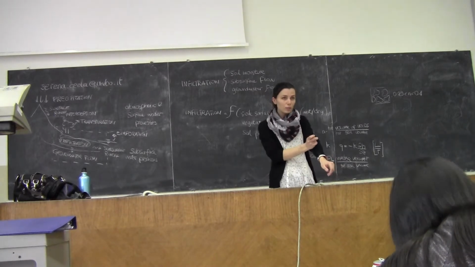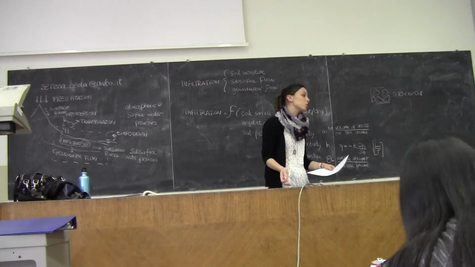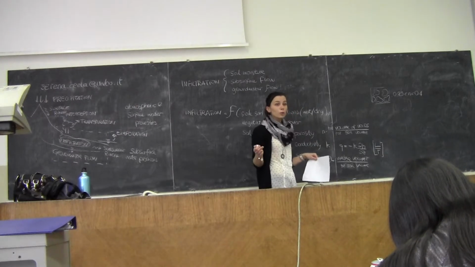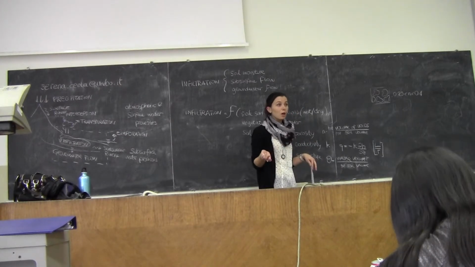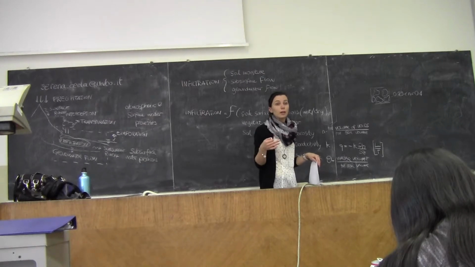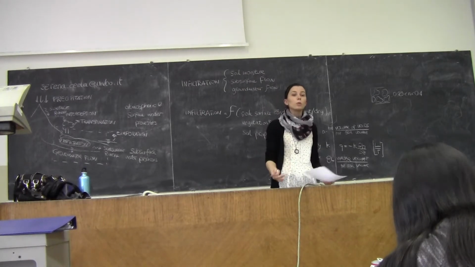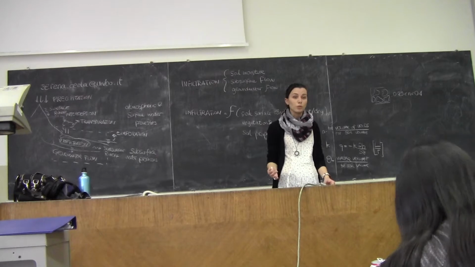From here, theta may be equal to 0 and there is no water, so the soil is completely dry, or the maximum value is N, so the soil water content is equal to the porosity.